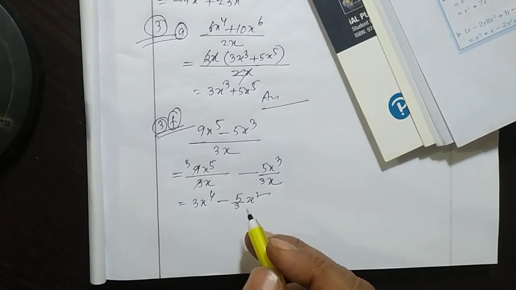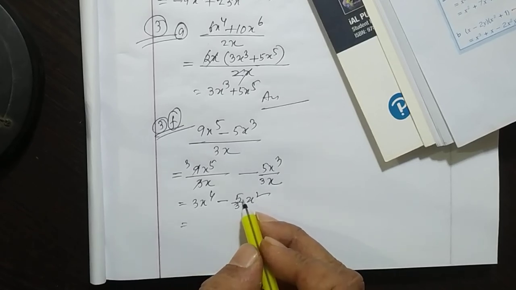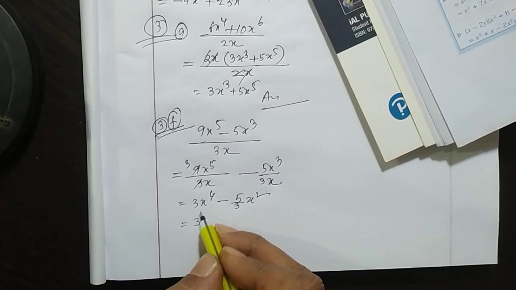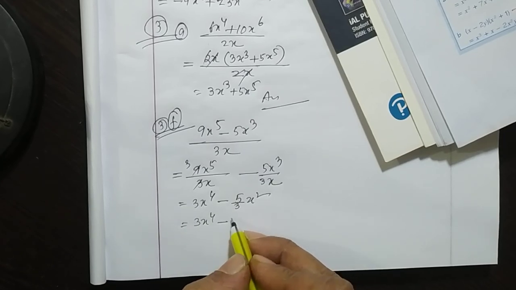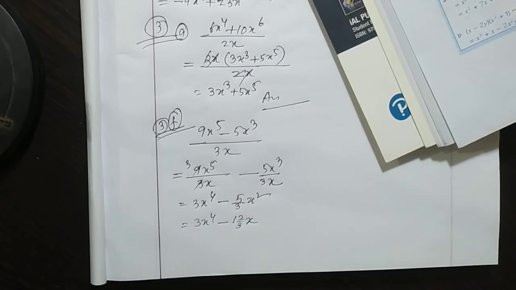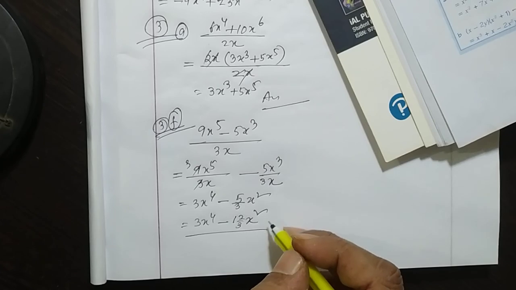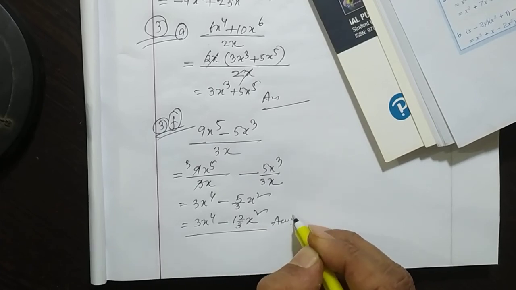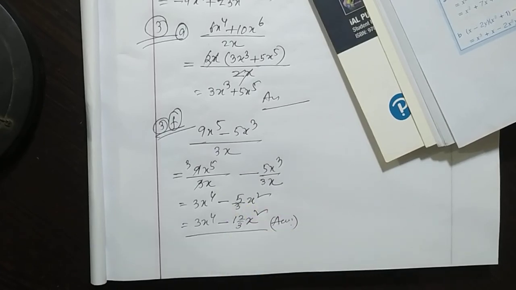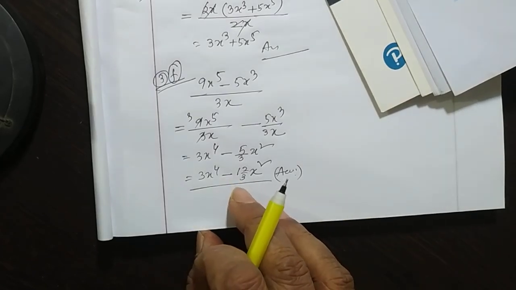You cannot do anything. Otherwise you can make a mixed fraction here. 3x to the power of 4 minus, 3 goes into 5 one time and then 2 by 3 x square. You can represent it in this way also. It depends on you. Normally we don't keep improper fractions. That is why I have written it this way.